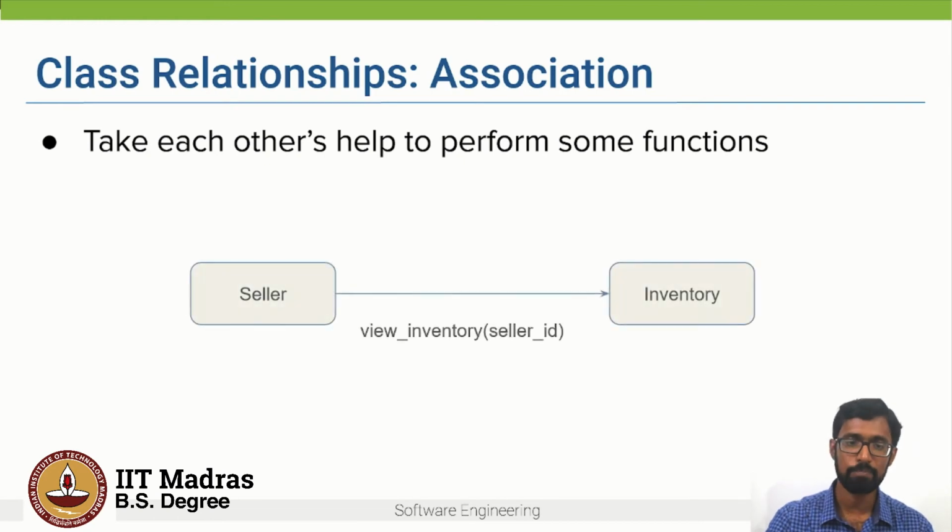For example, we have seen this before: if the seller wants to view his or her inventory, the seller object calls the view inventory method by passing the seller ID, right? Here we see that the seller module and the inventory module, or the seller class and the inventory class, are related to each other.